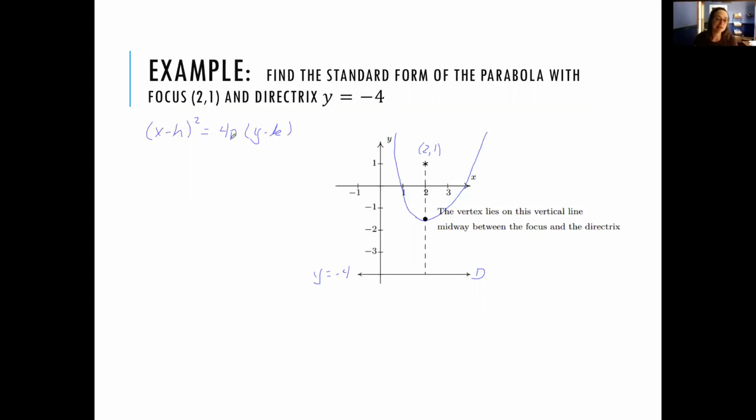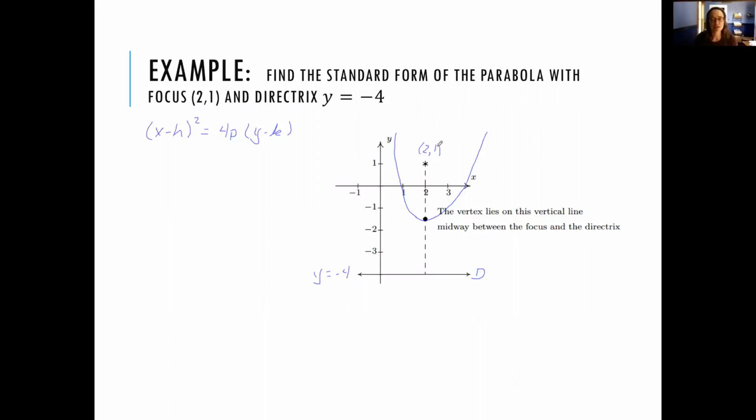Remember that p is the distance between the vertex and the focus, and the vertex lies halfway in between these two. So what we really need is the distance between my directrix and my focus, which is the difference in the y coordinates.